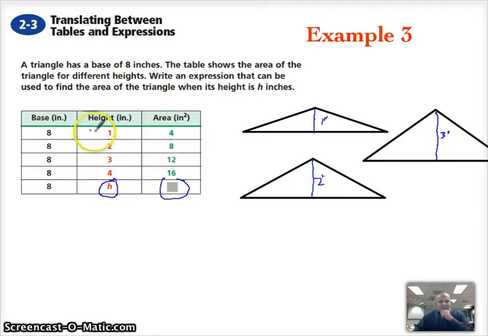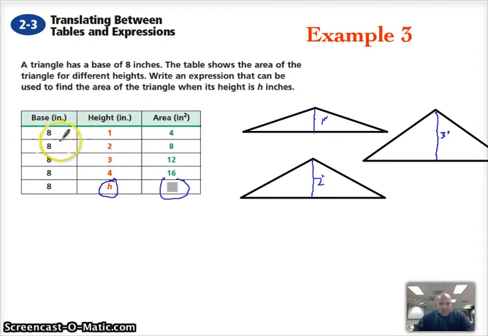So it's not 8 times 1 doesn't equal 4. What do I do in order to get there? Maybe it's 8 divided by 2? Just the base divided by the height. 8 divided by 2 is 4. 8 divided by... that doesn't work.